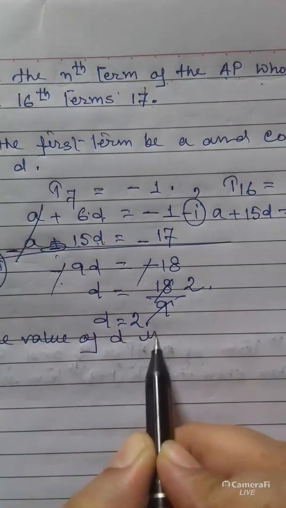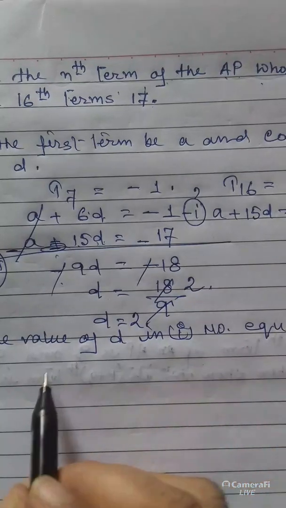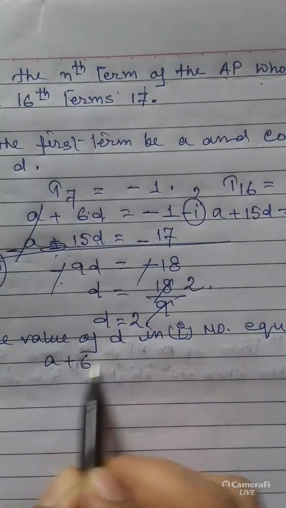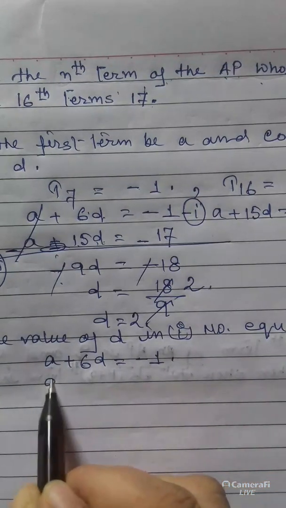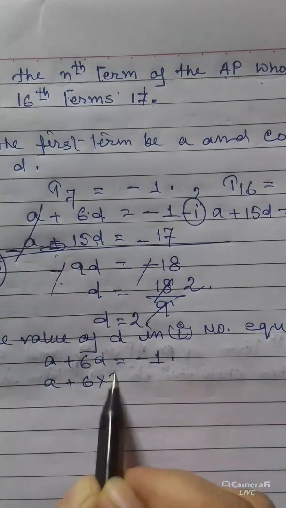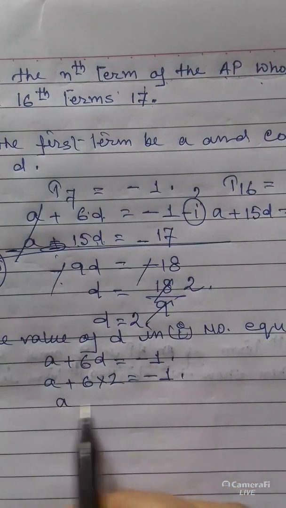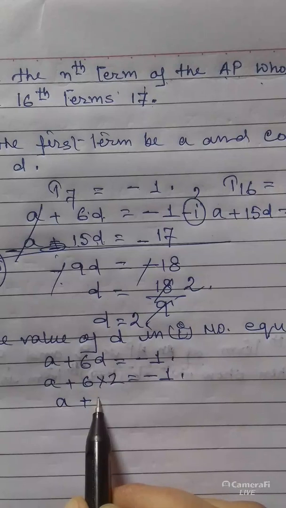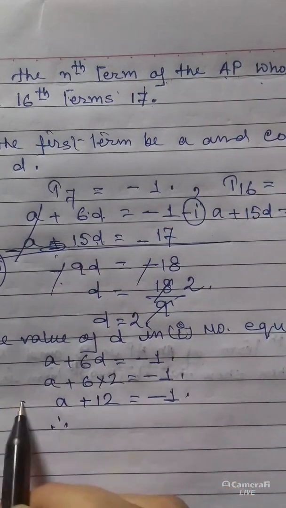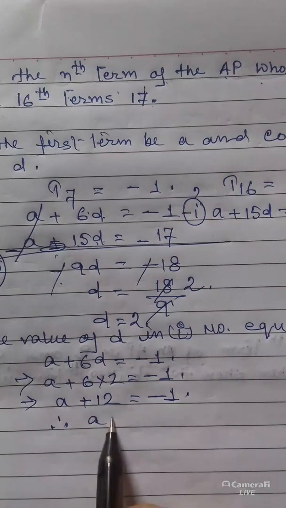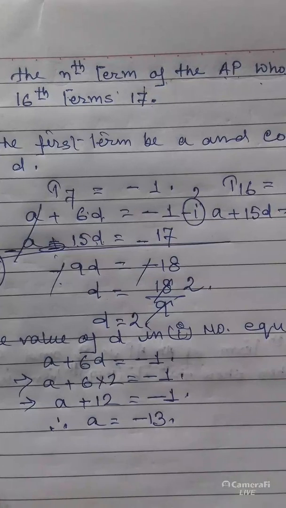Now put the value of D in equation 1, A plus 6D equals minus 1. So A plus 6 into 2 equals minus 1. A plus 12 equals minus 1. Therefore A equals minus 13. Now we have to find the nth term.